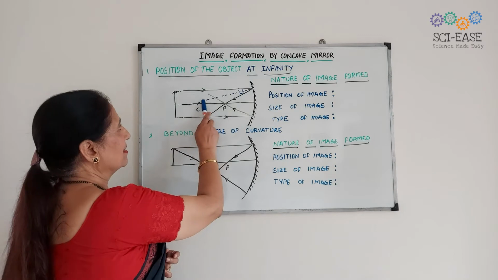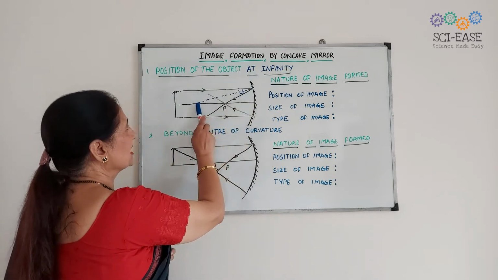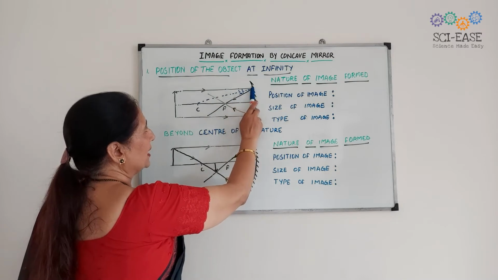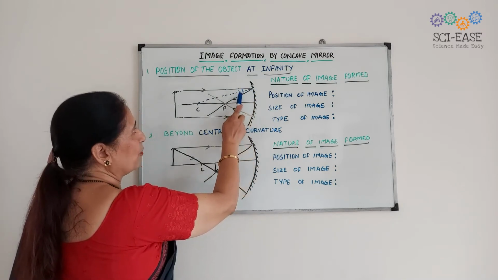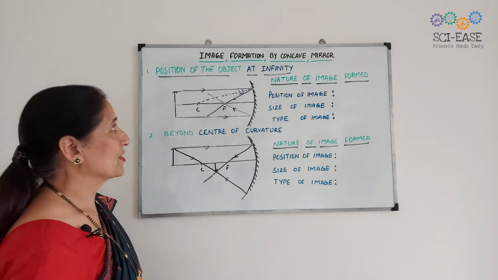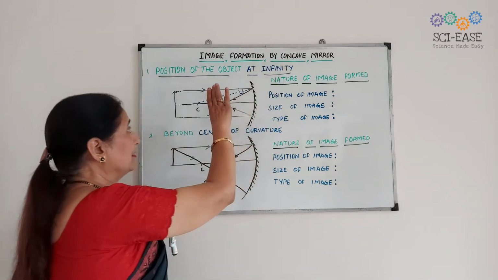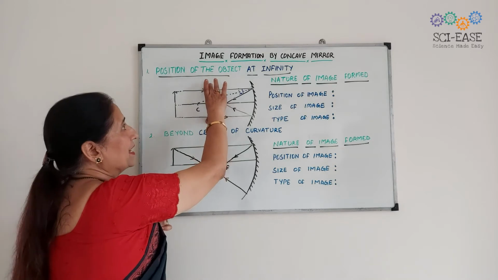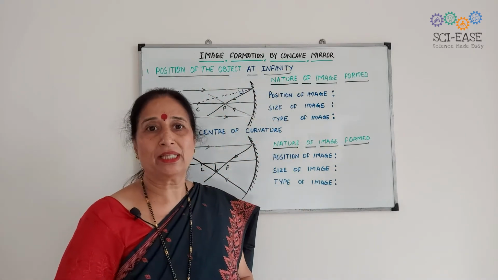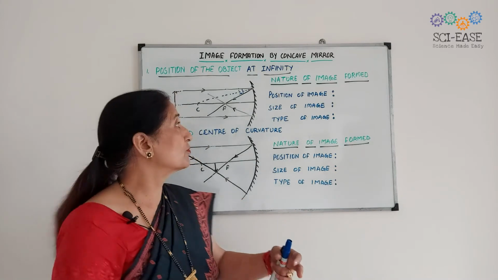You can see the ray going from C, and it is following the law of reflection also. When you are to draw the diagram, you must write the nature of the image formed, that is, what type of image is formed.